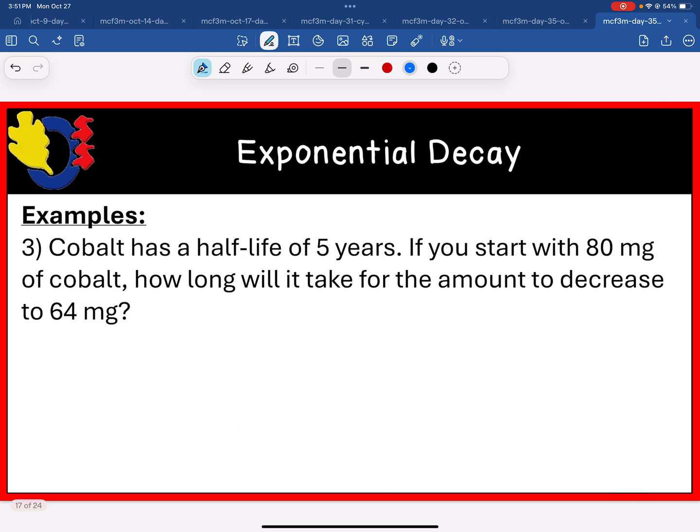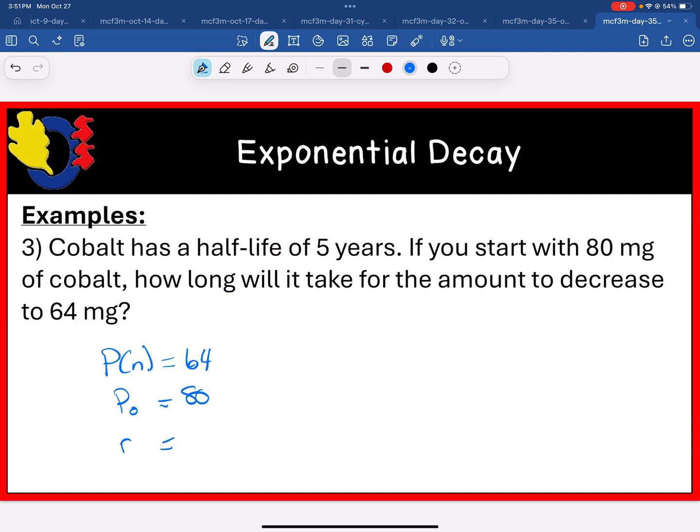All right, last question. Cobalt has a half-life of 5 years. If you start with 80 milligrams of cobalt, how long will it take for the amount to decrease to 64 milligrams? Okay, so we are actually looking for P, the final amount, the P at N, to be 64. The initial amount was 80 milligrams.